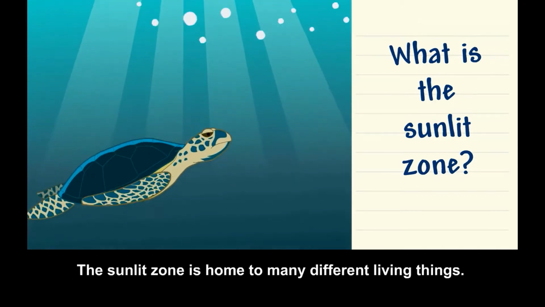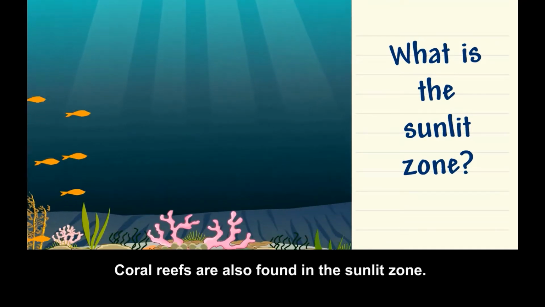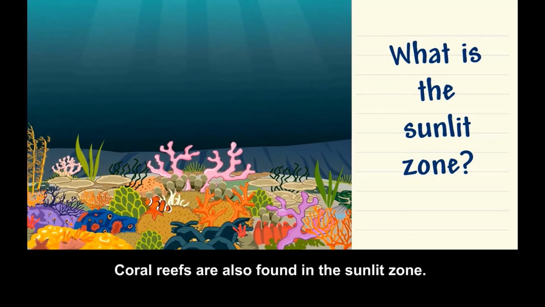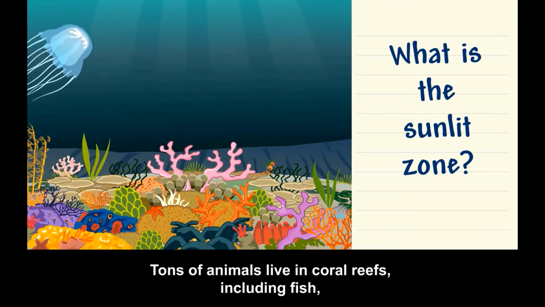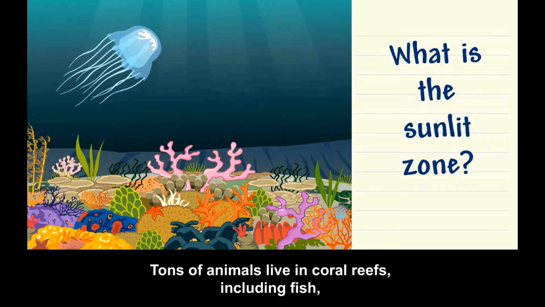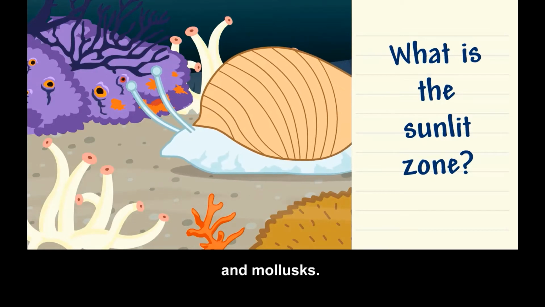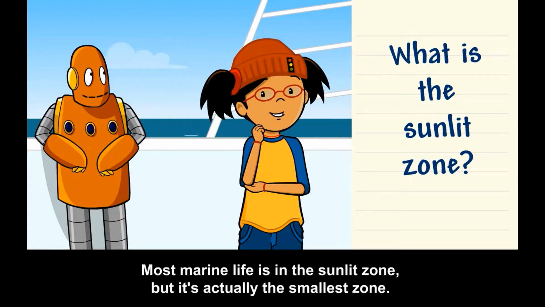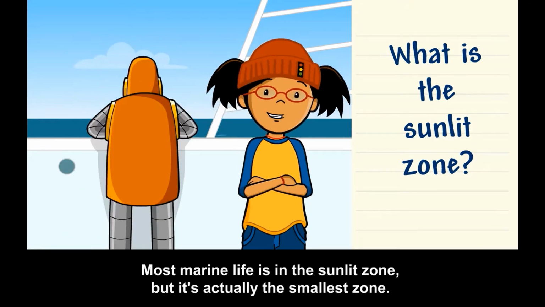The sunlit zone is home to many different living things. Coral reefs are also found in the sunlit zone. Coral is an animal that grows a very hard skeleton. Tons of animals live in coral reefs, including fish, eels, and mollusks. Most marine life is in the sunlit zone, but it's actually the smallest zone.